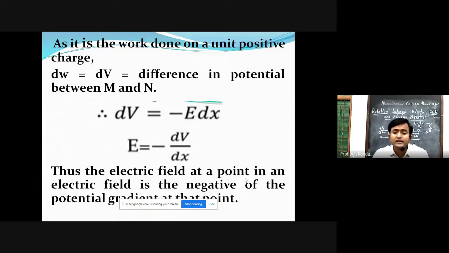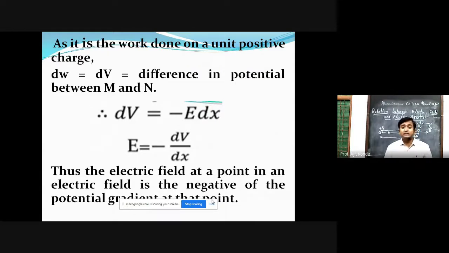The electric field at a point in an electric field is the negative of the potential gradient at the point. By this, you should understand what is gradient. Anything which changes with respect to displacement, that will be called gradient. Over here, potential is changing with respect to distance. Therefore, we can say that it is potential gradient.